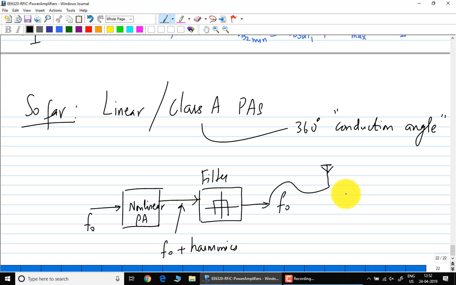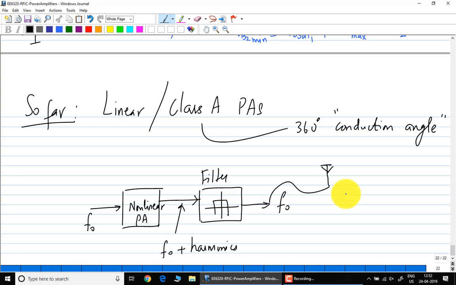Now, it is possible to build such kind of PAs, but obviously, if you take a nonlinear PA and try to give it a modulated signal, your ACLR will get worse and worse as you start clipping more and more of the signal. Okay?